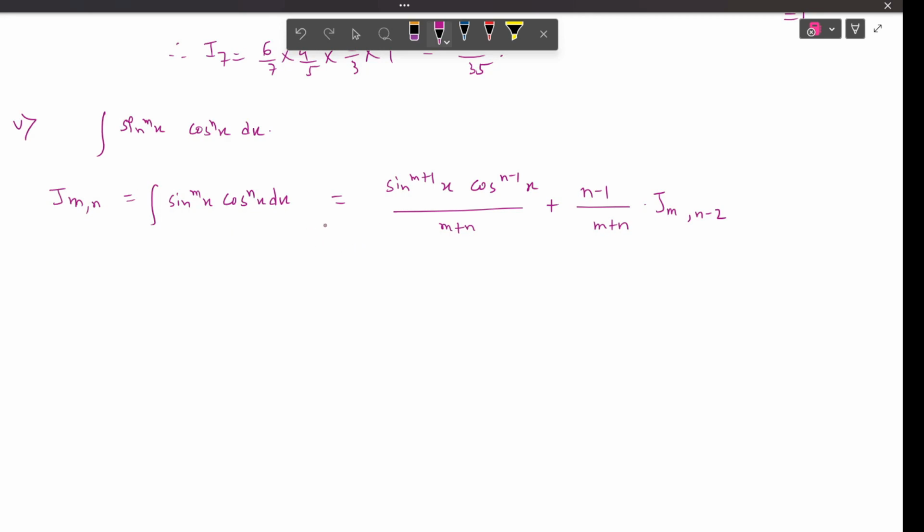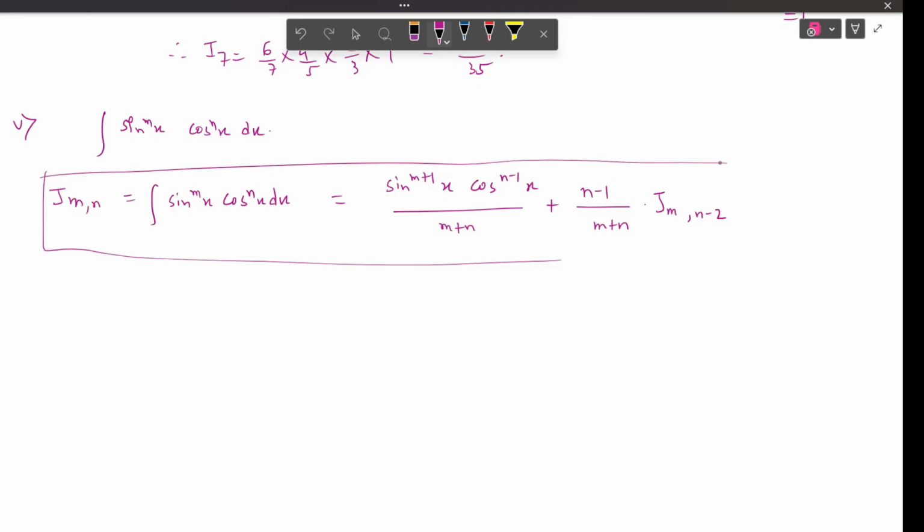Okay. Now you can write this formula in this format also. This is in one format.